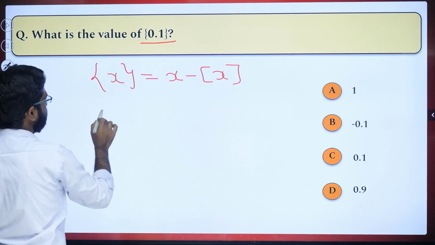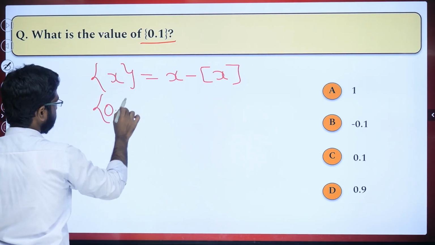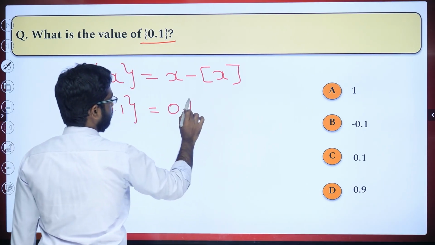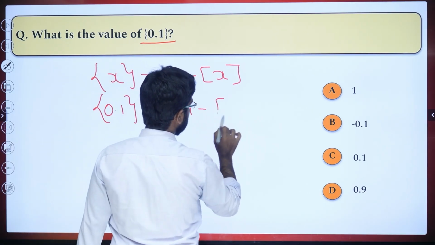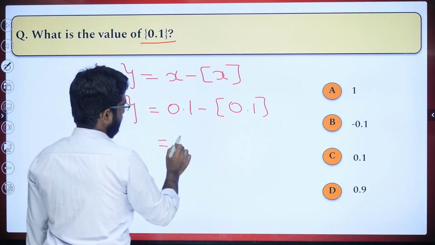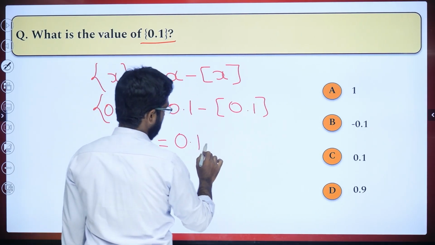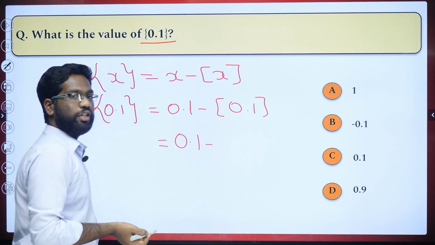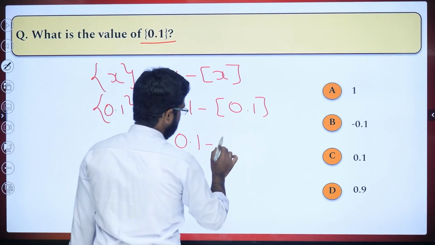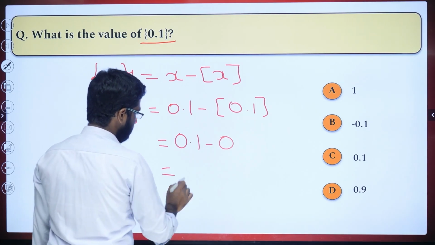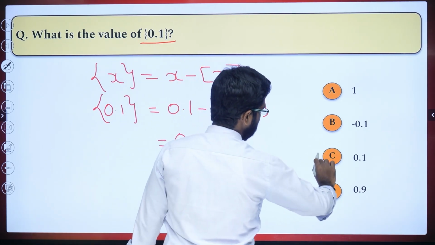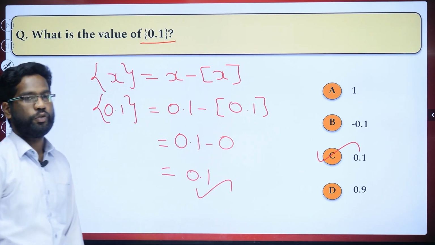Here they have given 0.1, which equals 0.1 minus the greatest integer of 0.1, which is 0. So the answer is 0.1, my dear students.